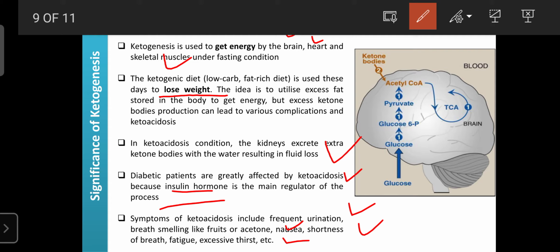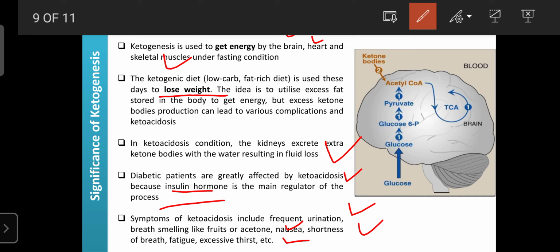It is helpful for guarding the energy and for losing weight, as well as ketogenesis. But if it is abnormal or excessive, then it is responsible for causing various malfunctions of the organs. That condition is known as ketoacidosis.